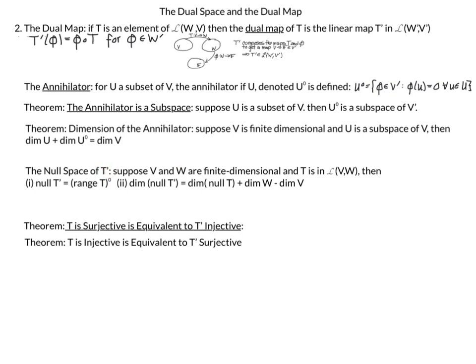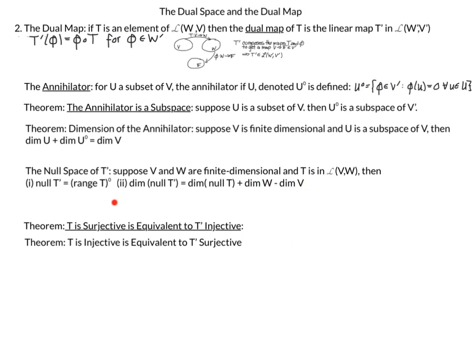Suppose V and W are finite dimensional and T is in the space of linear maps from V to W. Then the null of the dual map of T is equal to the annihilator of the range of T. Second, the dimension of the null of the dual map of T is equal to the dimension of the null of T plus the dimension of W minus the dimension of V.